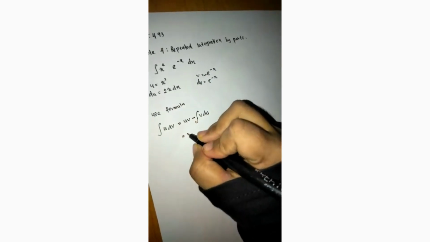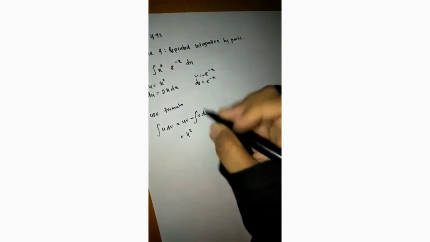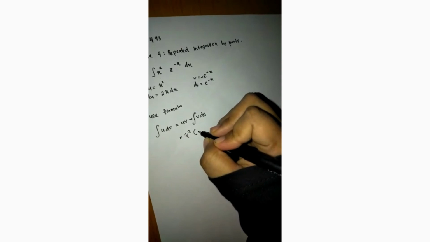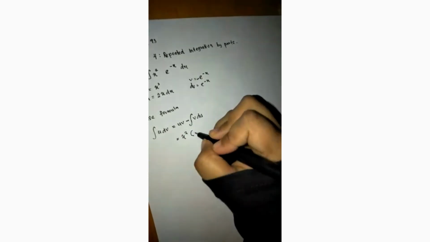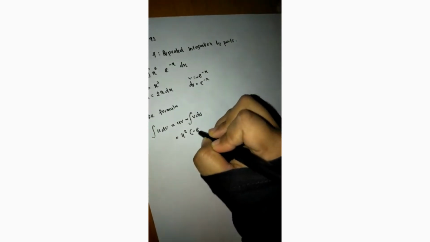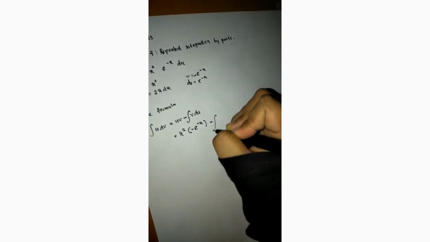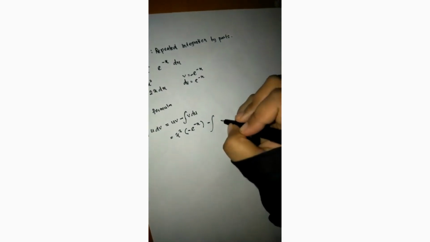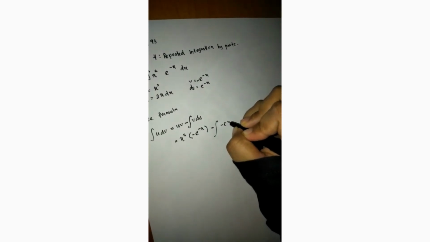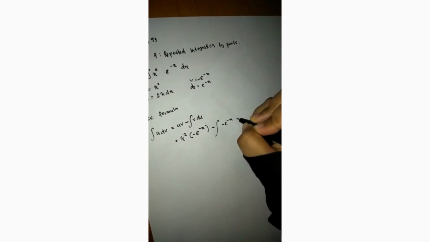U is x power of 2, v is negative e power of negative x, minus v du.